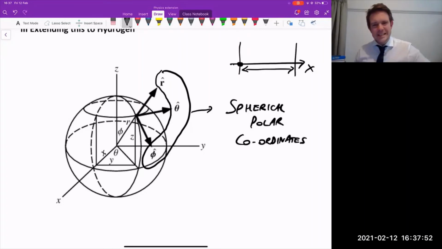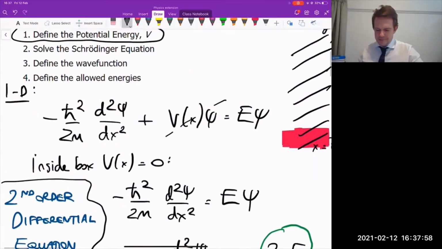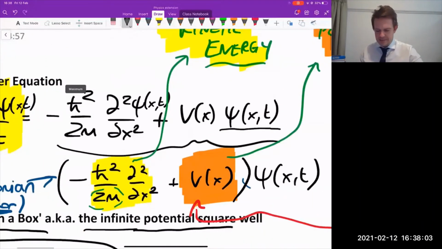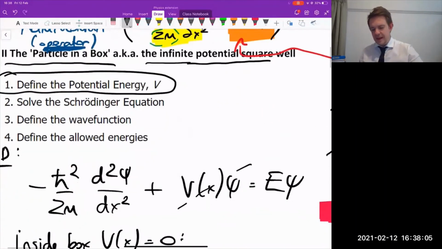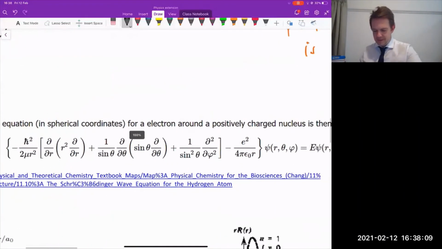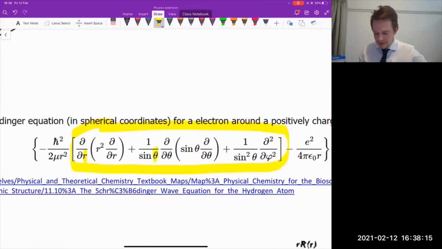So not Cartesian, spherical polars. You know how Schrodinger's equation looks quite simple, relatively speaking, with just the x in it. When you translate into spherical polar coordinates, it changes to this, because you've got the radius, one angle in one direction, and then the other angle in the other direction.